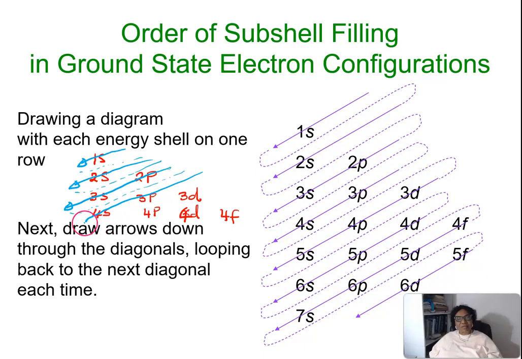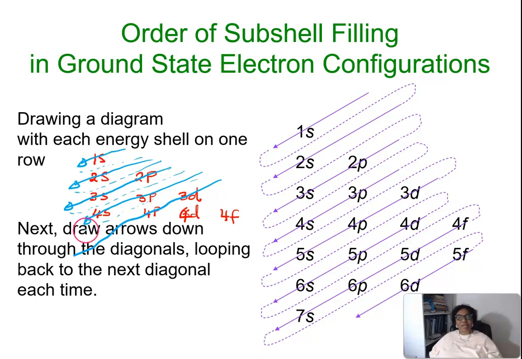Then you follow the arrow and go inside here. Then you start now from 3d, then you go down, then you start with 4d. You see? That's it. First of all, write the orbitals down.